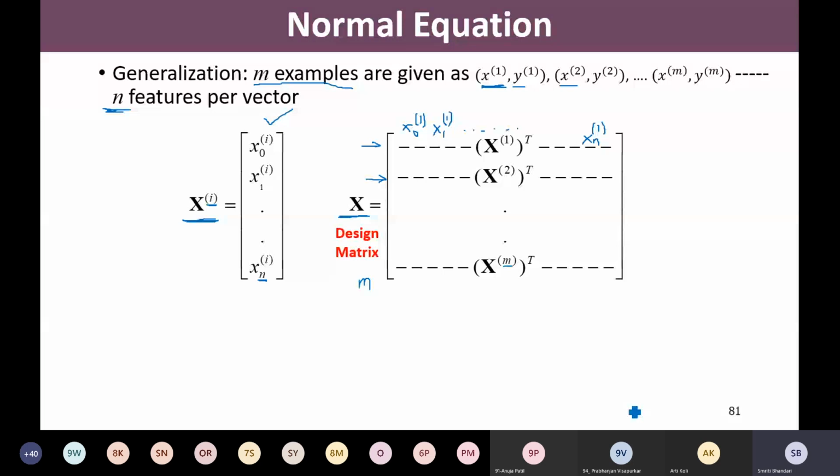Fine. So have you understood how we have got this feature vector? Yes, ma'am. So xi, the ith feature vector, represents my ith sample.